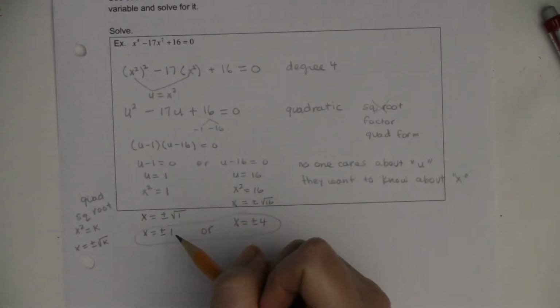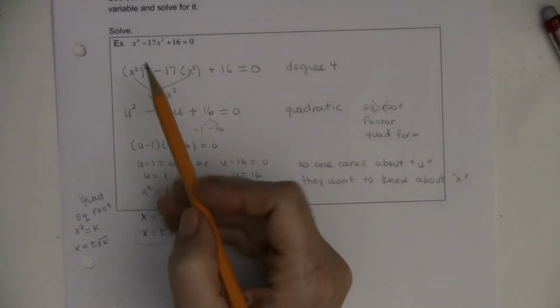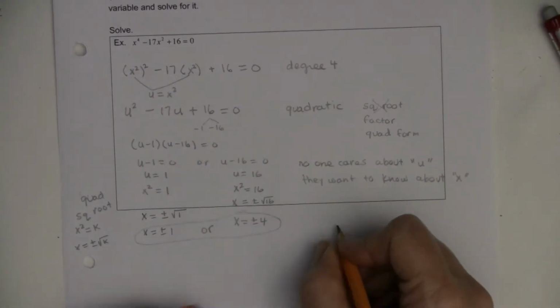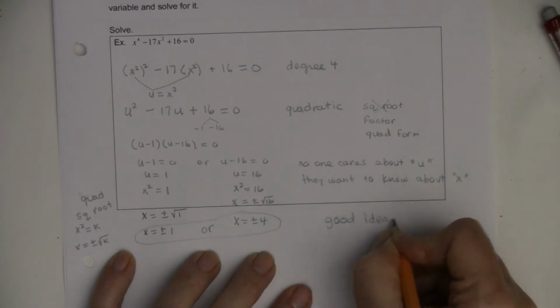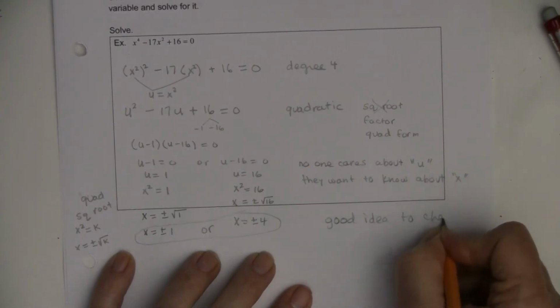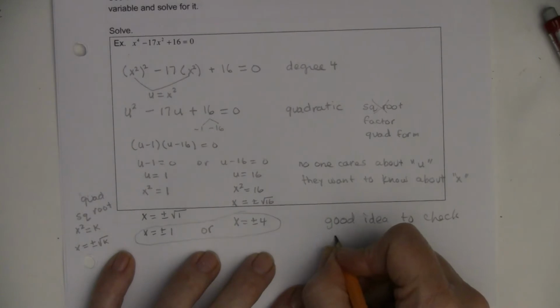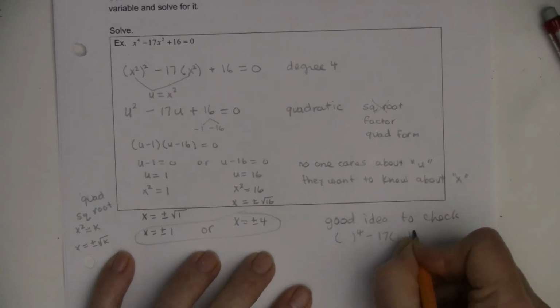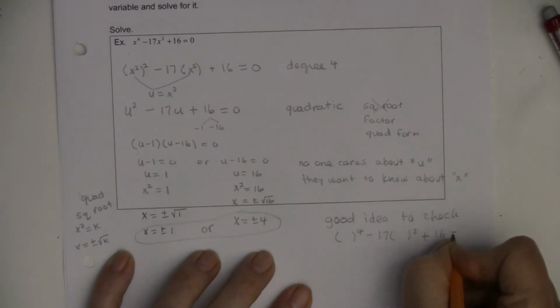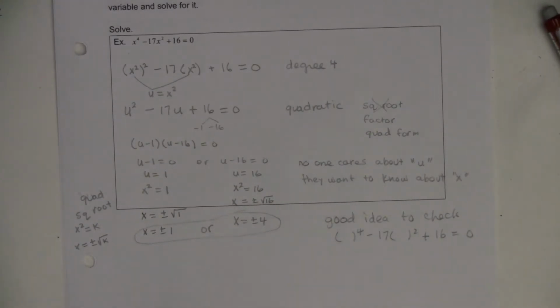And I could certainly check, and it's always a good idea to check. So I could check these one at a time. So you would be here going, what to the 4th minus 17, what to the 2nd plus 16 equals 0. And I would check these one at a time.